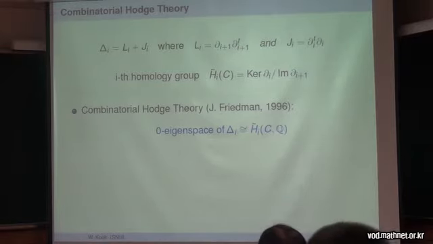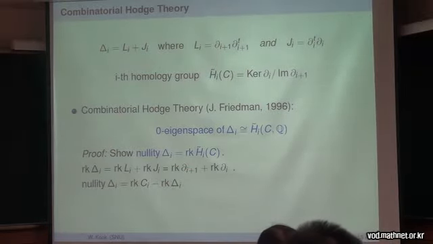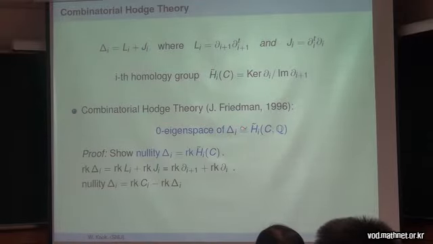That's good news, because if the homology is 0, then the zero eigenspace will also be 0, which means that delta_i will be invertible. That's the real use of the combinatorial Hodge theory. The proof is fairly straightforward. It's just rank counting, and there is nothing secretive about this fact. I will just mention that the zero eigenspace of delta_i, which is called the harmonic classes, is isomorphic to the homology group.